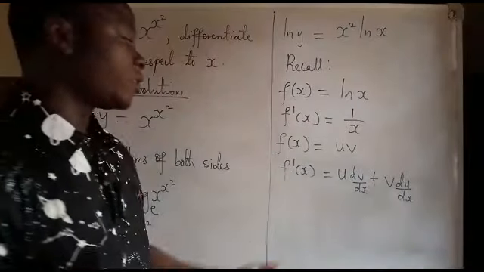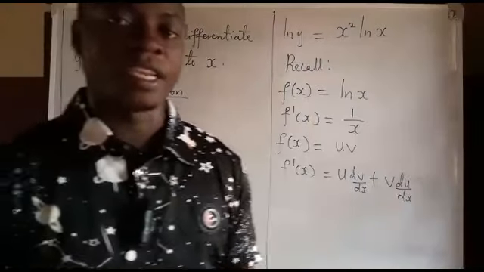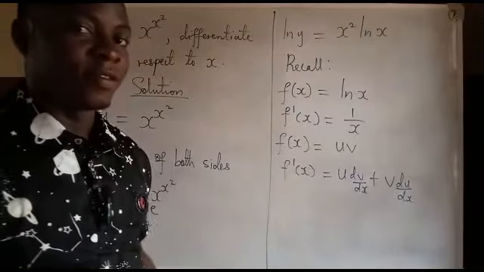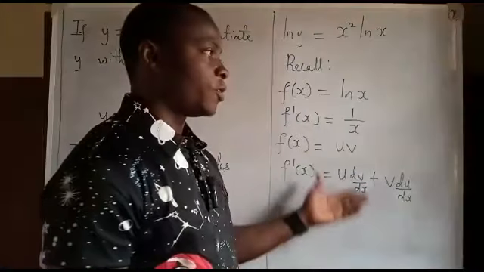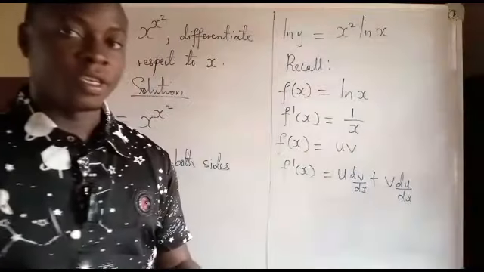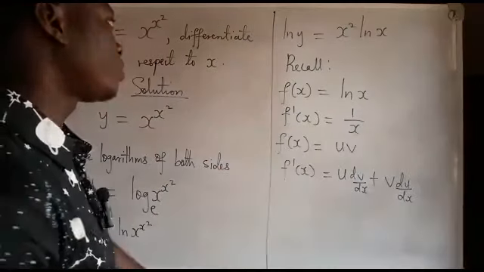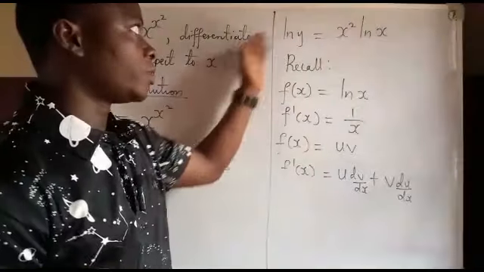This is called the product rule. If you have two functions of x multiplying each other, the derivative is u dv dx plus v du dx. We are going to use these rules to differentiate this.